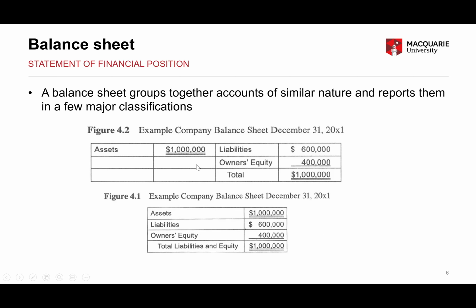So if it's affecting assets, it must also affect something on the other side of the equation. Or if one asset goes up, another asset must come down. So we will be keeping in our minds the importance of always keeping the equation equal. So assets equals liabilities plus owner's equity. So we'll see that much more as we go on, especially in week 3.